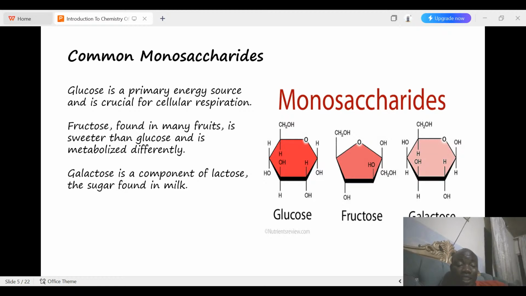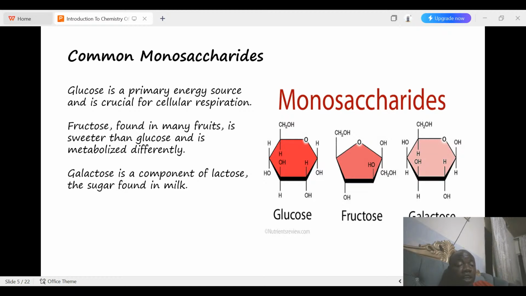And then the next one is galactose. Galactose is a component of lactose, the sugar found in milk. You know that children used to suck milk from their mother. That milk is highly rich in lactose.